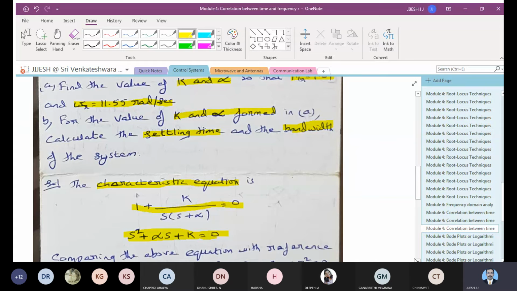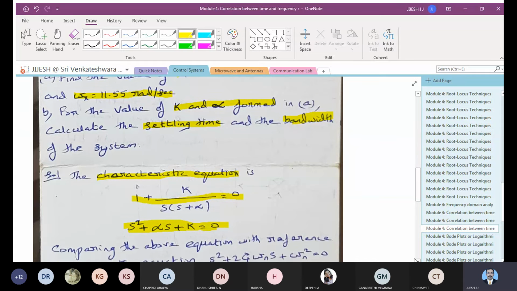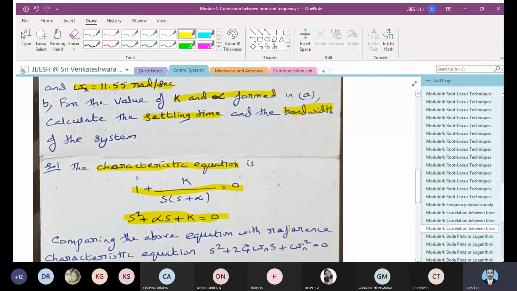We have to compare it with the reference characteristic equation, which we studied in module 2 for the second order system: s square plus 2 zeta omega n s plus omega n square is equal to 0.